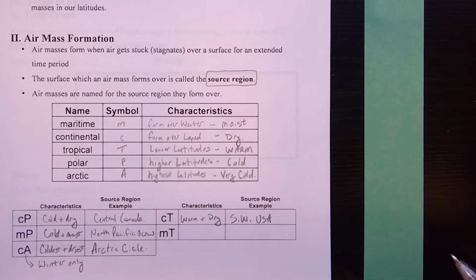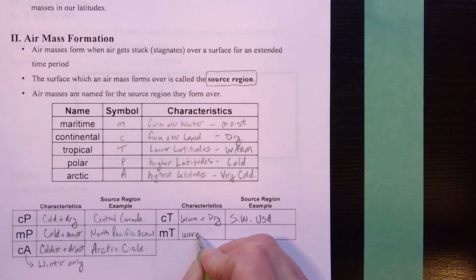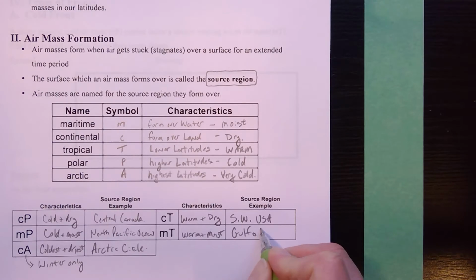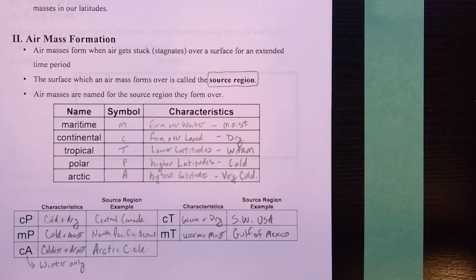Air that comes from that region would be considered continental tropical. Maritime tropical would be warm and moist. And as I said, the Gulf of Mexico is the classic location where you would get maritime tropical air masses coming from.